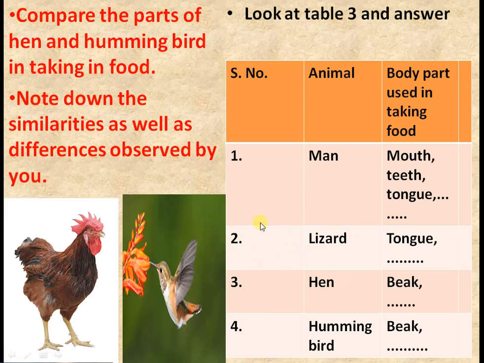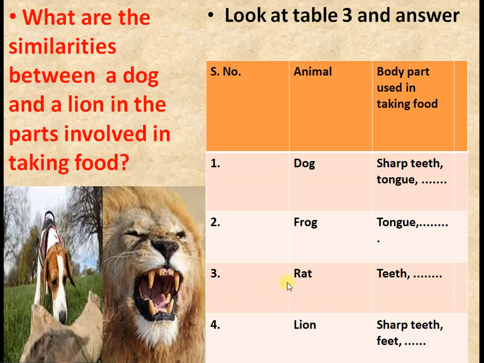Compare the parts of hen and hummingbird in taking food. Hummingbird and hen use the beak to take food. What are the similarities between a dog and lion in the parts involved in taking food? Dog uses sharp teeth and tongue.